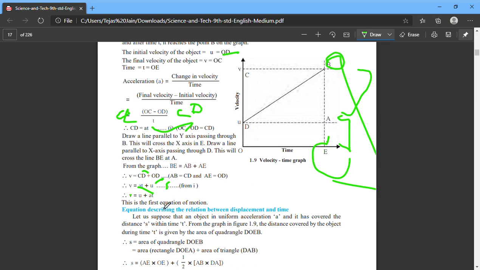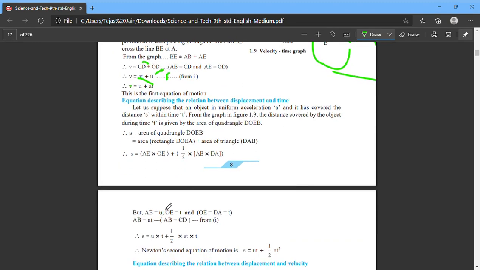Now let us derive the second equation of motion. For that, let us suppose that the object is in uniform acceleration a and it has covered the distance s within time t.